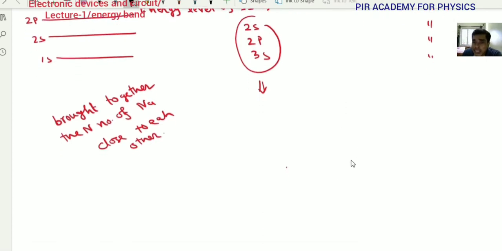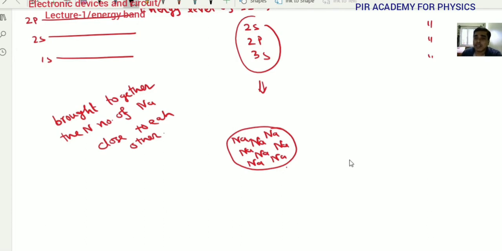That means this is a sodium atom, this is a sodium atom, this is a sodium atom. In this way, there are n number of sodium atoms and these sodium atoms are close to each other.